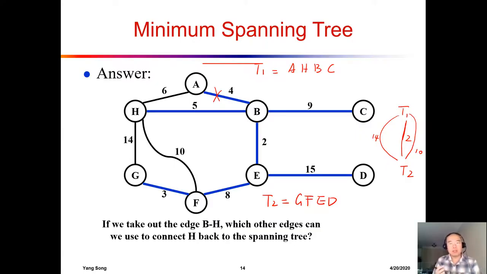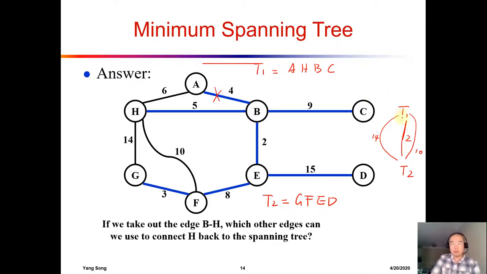So the point is, number one, inside T1 or T2, they are both optimal sub MSTs. Okay, T1 and T2, they are both optimal sub MSTs. And after that, between T1 and T2, we want to pick the edge with the smallest weight.